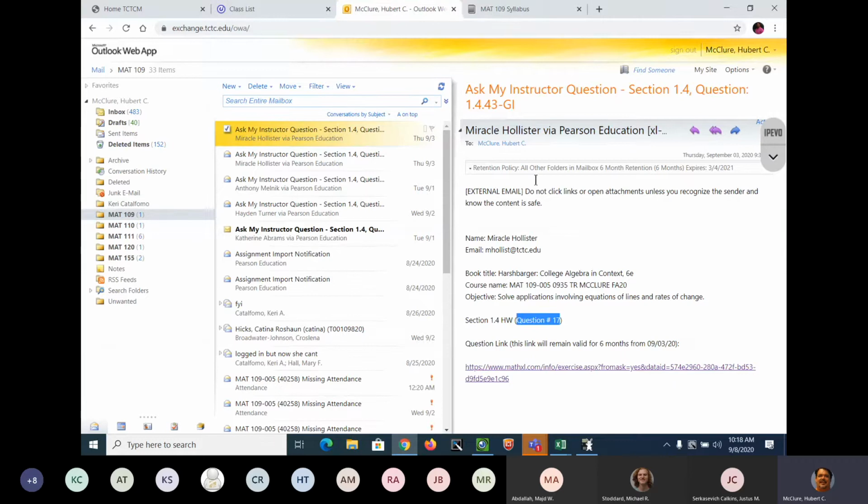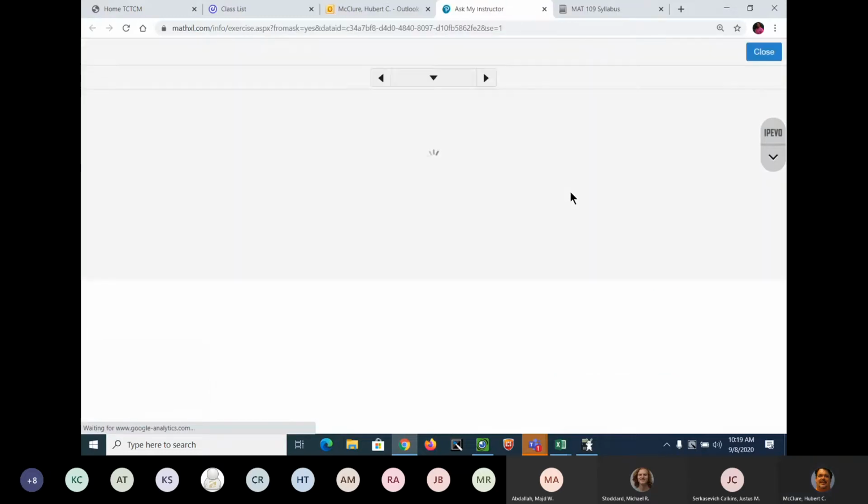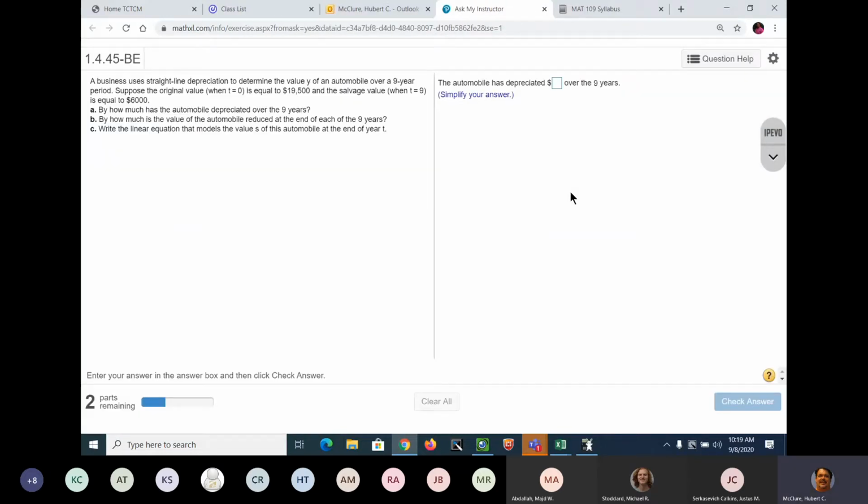Okay, so that's 1.443. 1.445, number 18. A business uses straight line depreciation to determine the value Y of an automobile over a 9-year period.